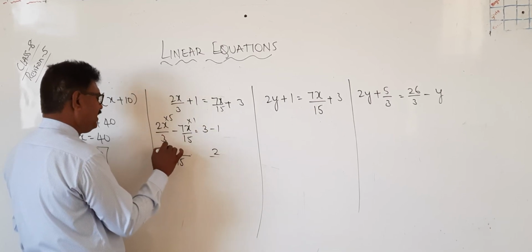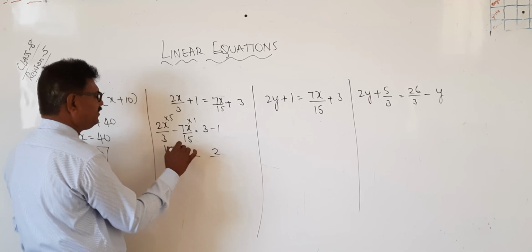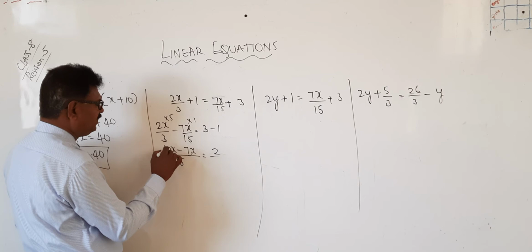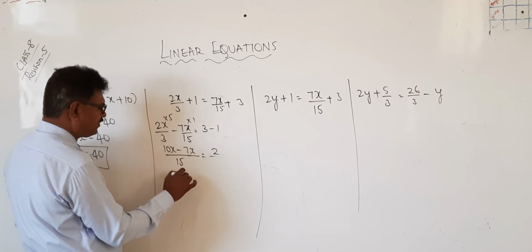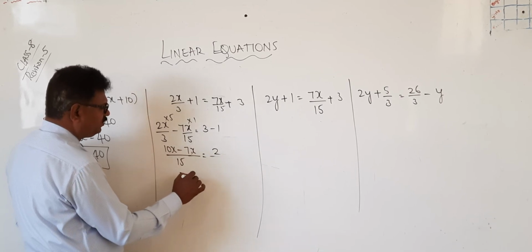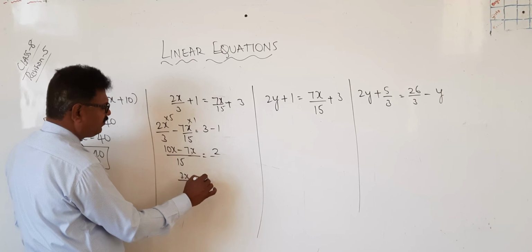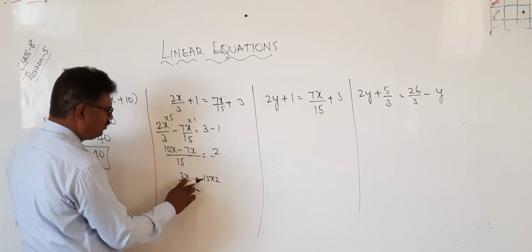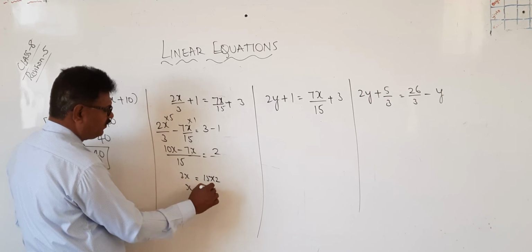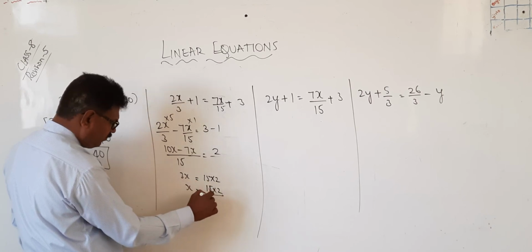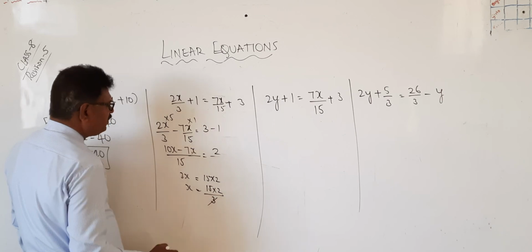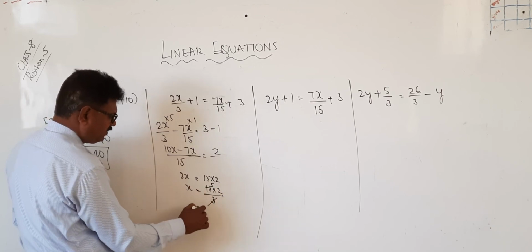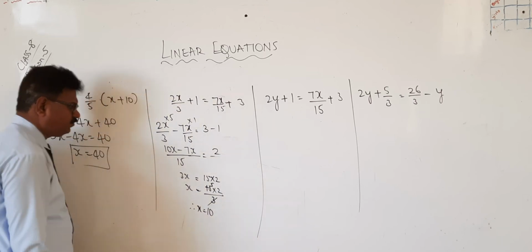So 5 twos are 10x minus 7x is equal to 2. Now see, 10x minus 7x is 3x is equal to 15 into 2, or x equal to 15 into 2 divided by 3. 3 ones are 3, 3 fives are 15. Therefore x equal to 10.